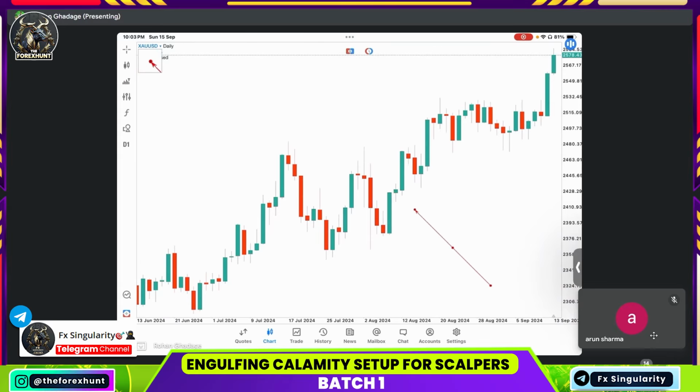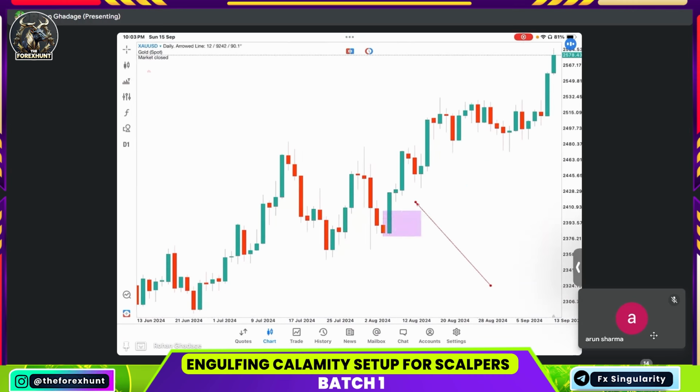So how to mark this one? Simply take a box and place it over the wicks of the red candle, the upper wick and the lower wick, and the blue candle body is closing above the purple box. So this is your type 1 engulfing buy, which is very easy to mark. The green candle's wick does not have any important role in marking the zone.